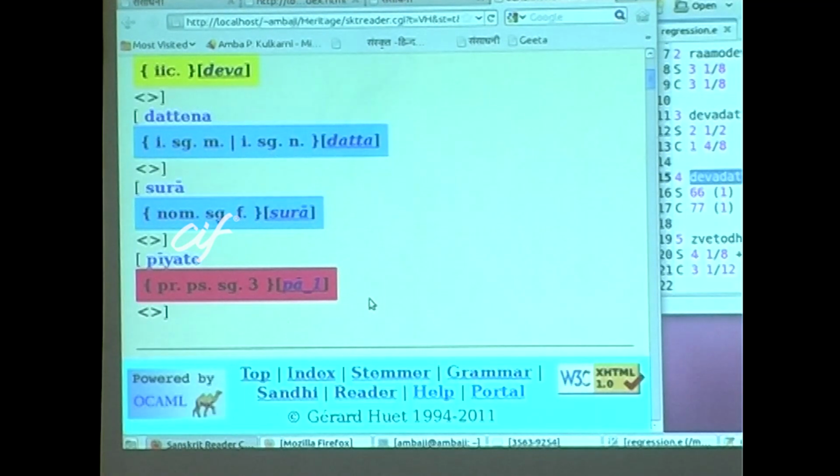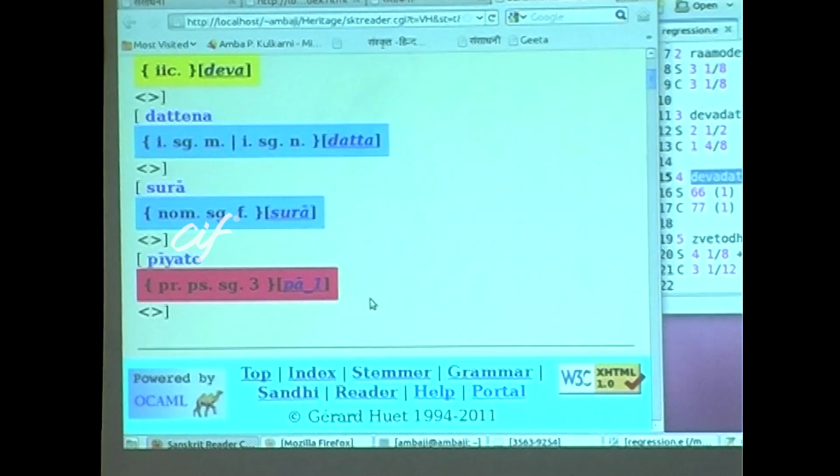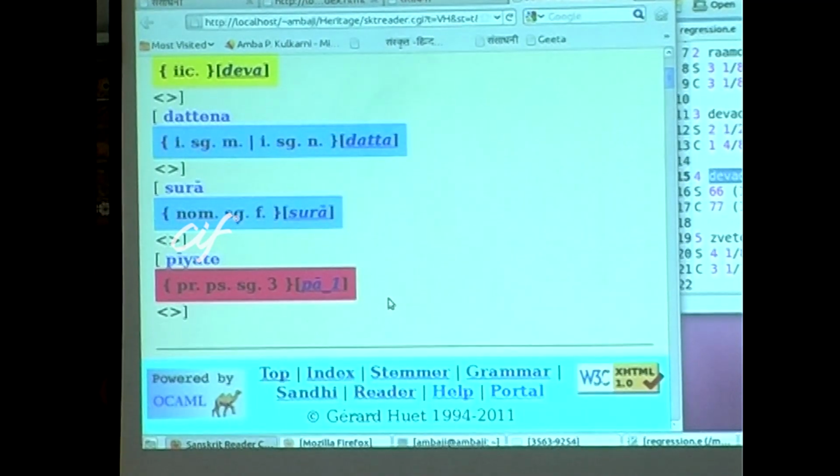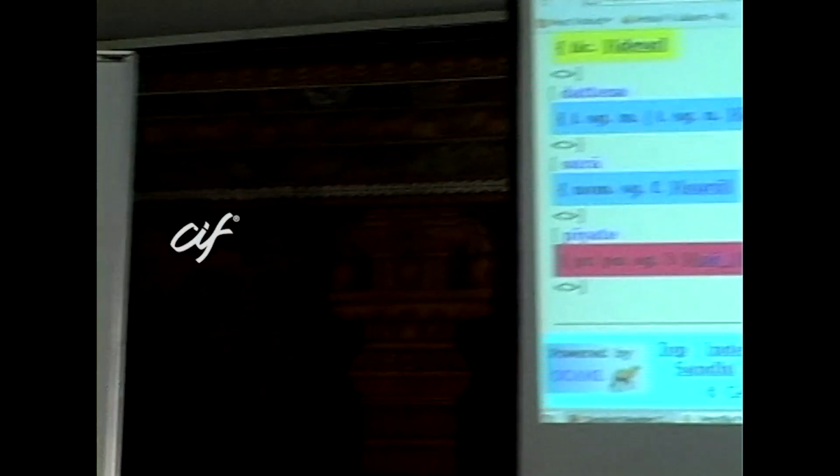So now the scene is the same. Yes, we still need a karta and karma. But since we are in the passive, the karma must be in tritiya. As the karma.